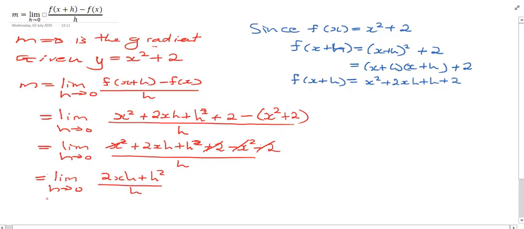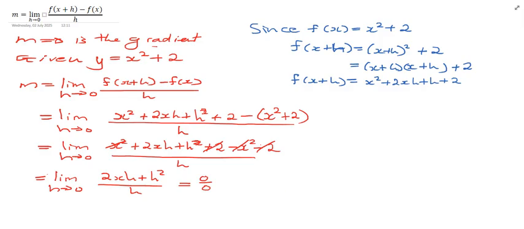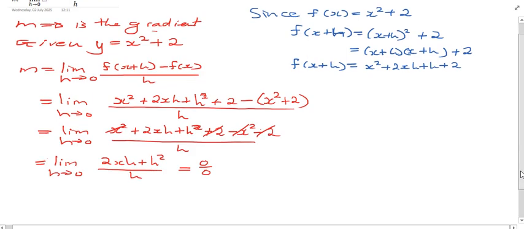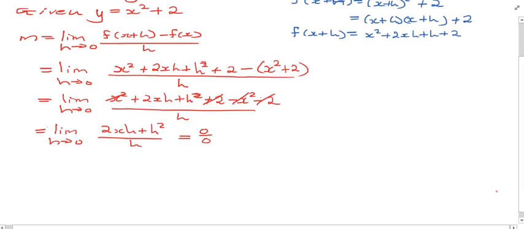At this point, if we are now required to substitute h with 0, we will get to a point where it's undesirable because we'll get a 0 over a 0, which ultimately is not what we want. What we are looking for is to find the exact value.